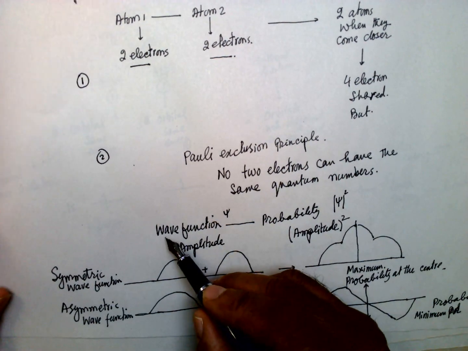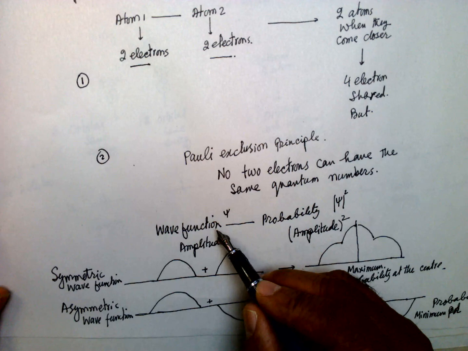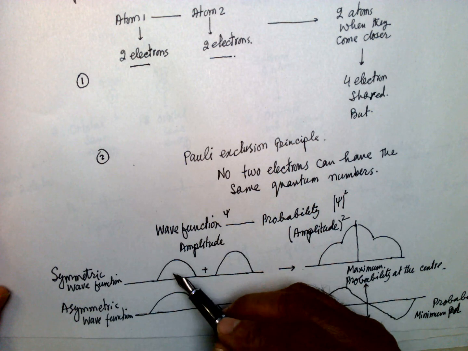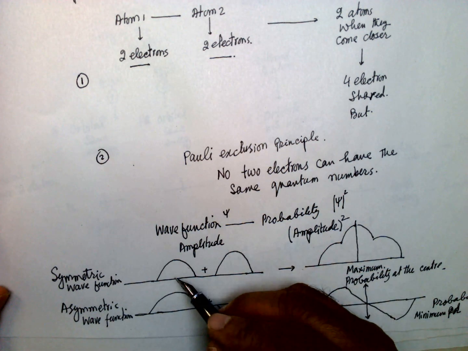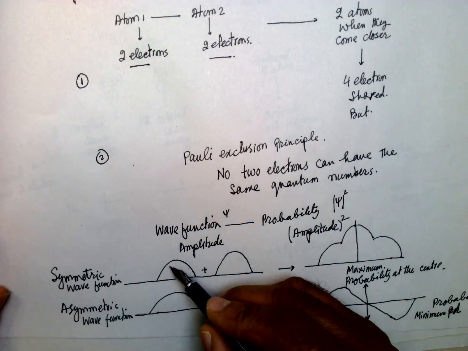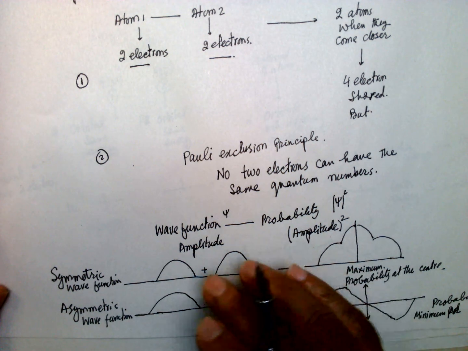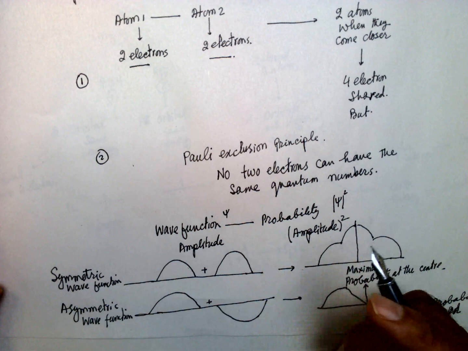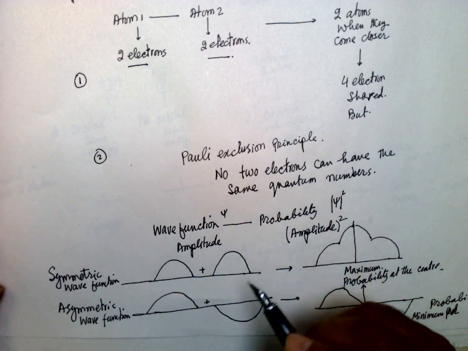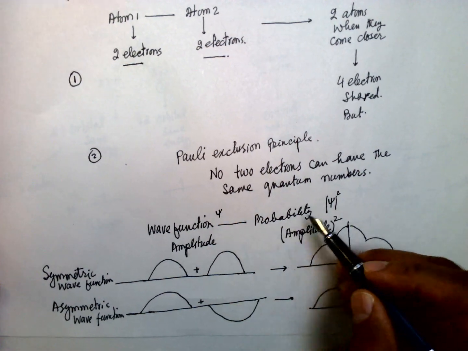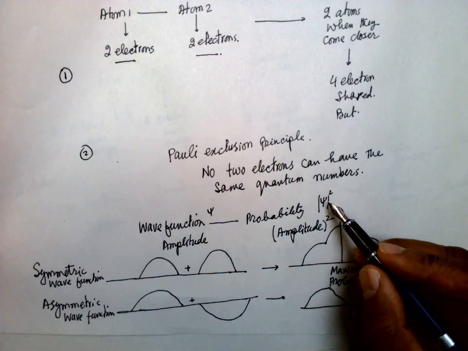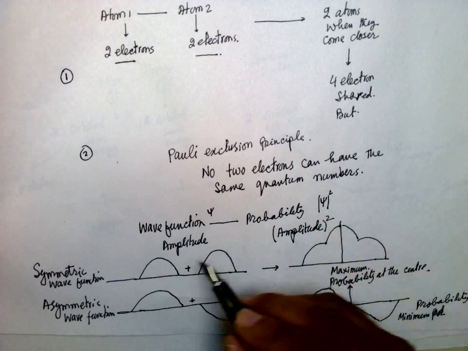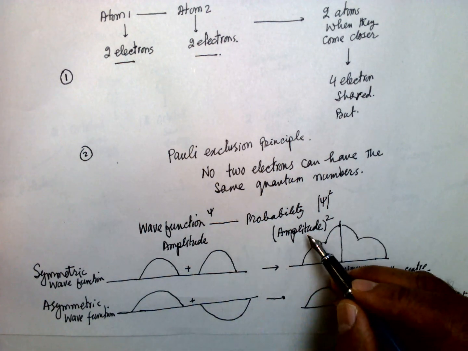Similarly, if the wave function of one atom is symmetric, then this one plus this one is a superposition of the two brought together. The probability of finding the electron is phi square, that is the amplitude square.